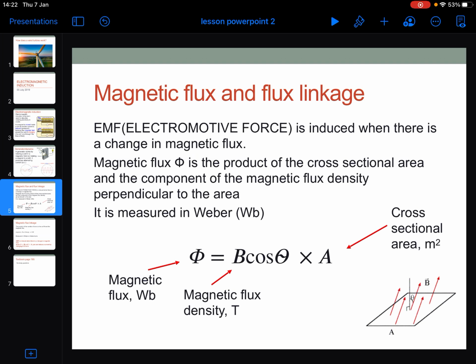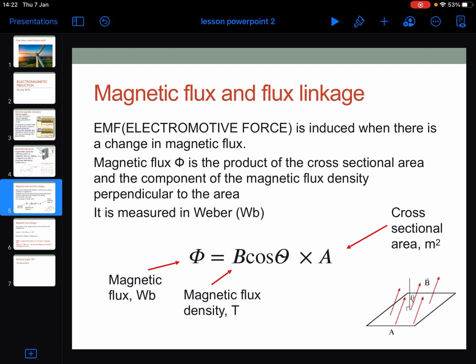If it's a wire, what's the cross-sectional area of your wire? So what you're effectively saying is, okay, how much of the magnetic flux density are we able to almost capture? That's what that equation is. So magnetic flux is basically the amount of magnetic flux density, which is a general description, are you able to capture? I hope that makes sense on that one.